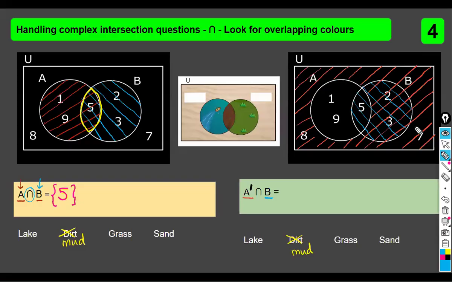What has both colors? Which area has both red and blue? You think you can send the answer for me? Which area has red and blue?